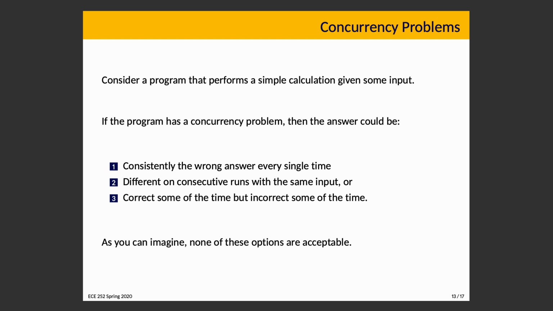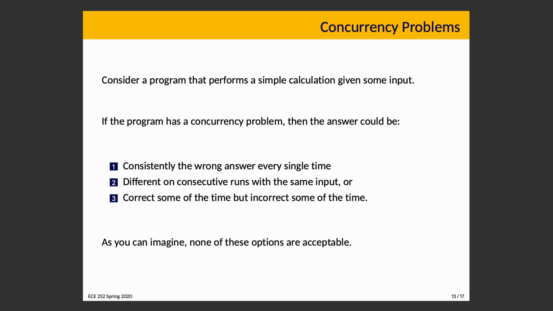And if you consider a program that performs a simple calculation given some input, if the program has a concurrency problem of some sort, then the answer could be either one, consistently the wrong answer every single time, two, different on consecutive runs with the same input, or three, correct some of the time, but incorrect some of the time.